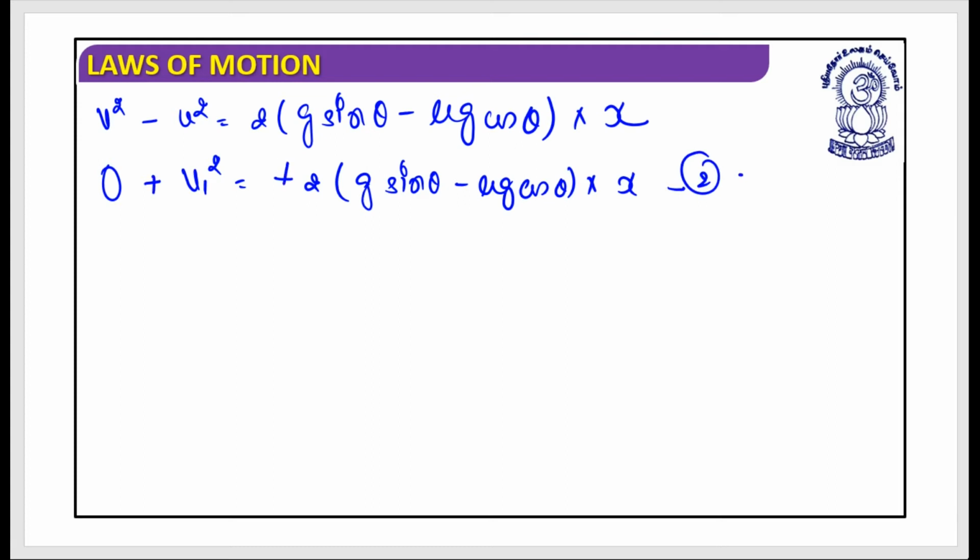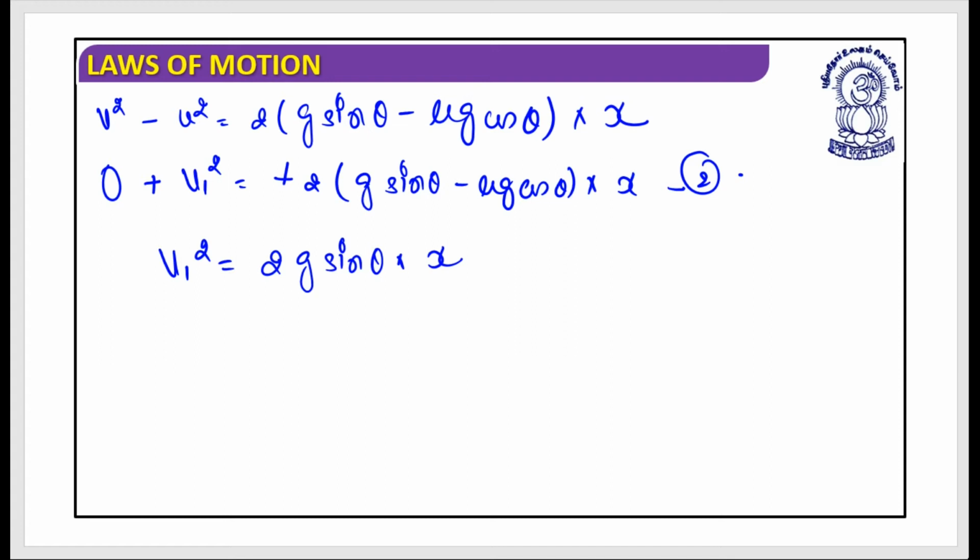So according to the first relation, we have v1 square as 2g sine theta into x, and now I have 2g sine theta minus 2 mu g cos theta multiplied by x. I hope this is clear. Is it clear? Are you sure? So now could you do this?